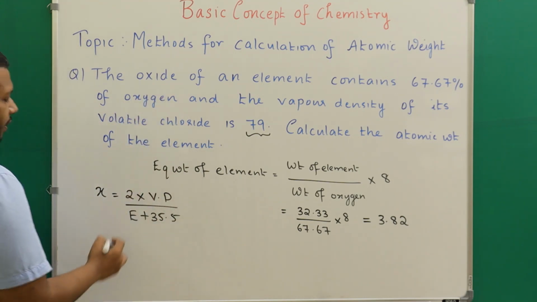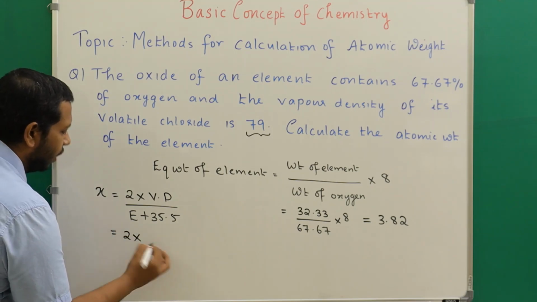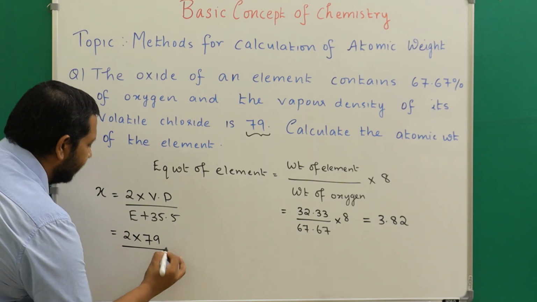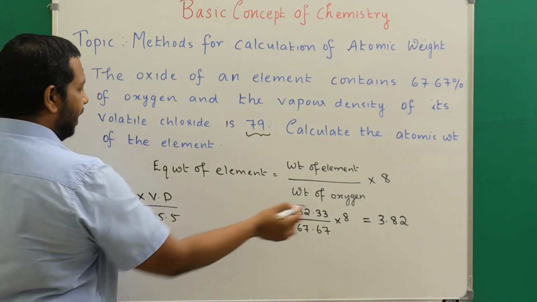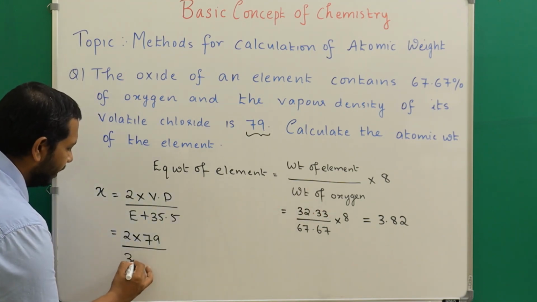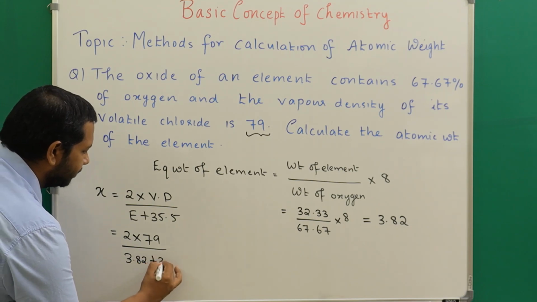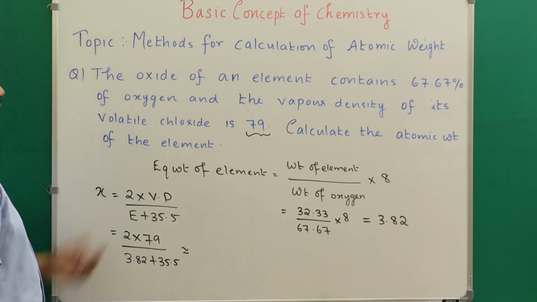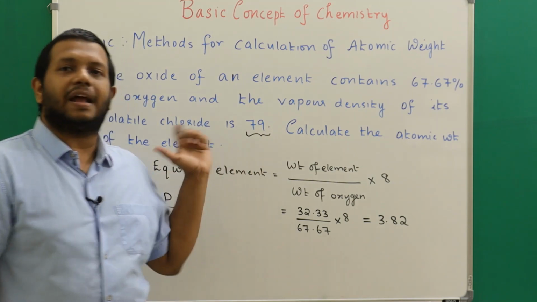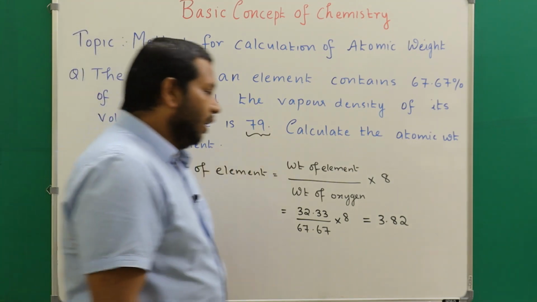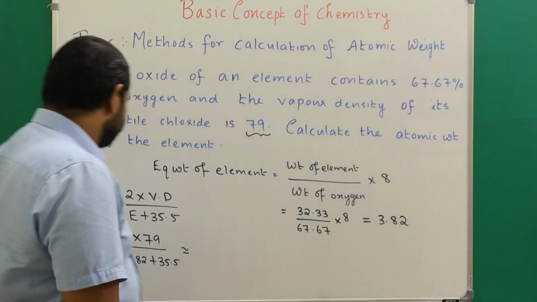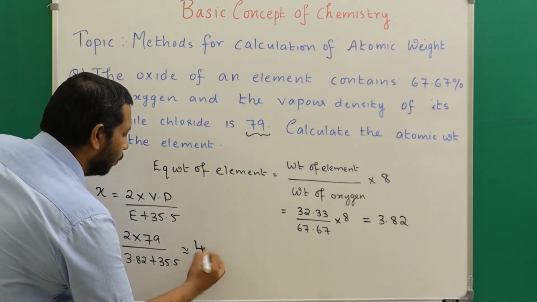So 2 times vapor density means 2 into, what is the vapor density given? 79 divided by, what is the equivalent weight we calculated? 3.82 plus 35.5. So you calculate this. When you calculate the X value, you will get an approximate valency. So I may say that valency will be around 4.